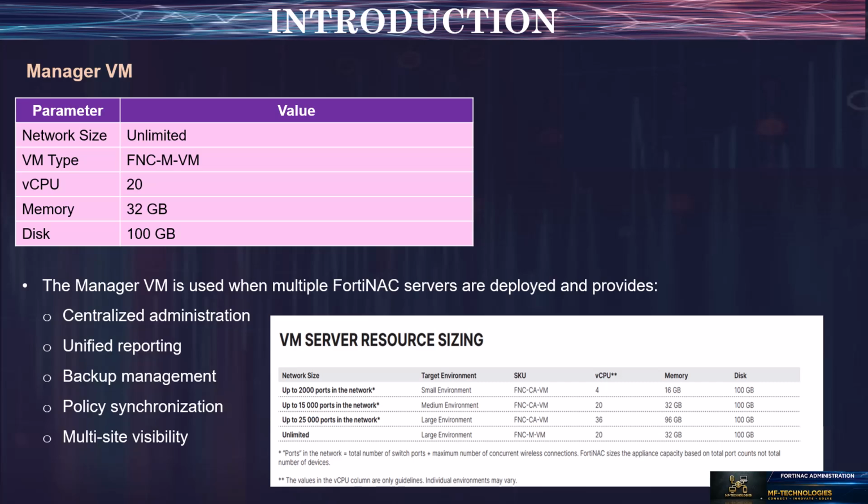It provides centralized administration, as I told you, for multiple Fortinet servers, and the recommended specification is 20 virtual CPUs, 32 gigabytes of RAM, and 100 gigabytes of storage. This allows administrators to manage multiple Fortinet deployments from a single interface for centralized reporting, simplifying backup management, and synchronizing security policies across different sites, as I told you before.